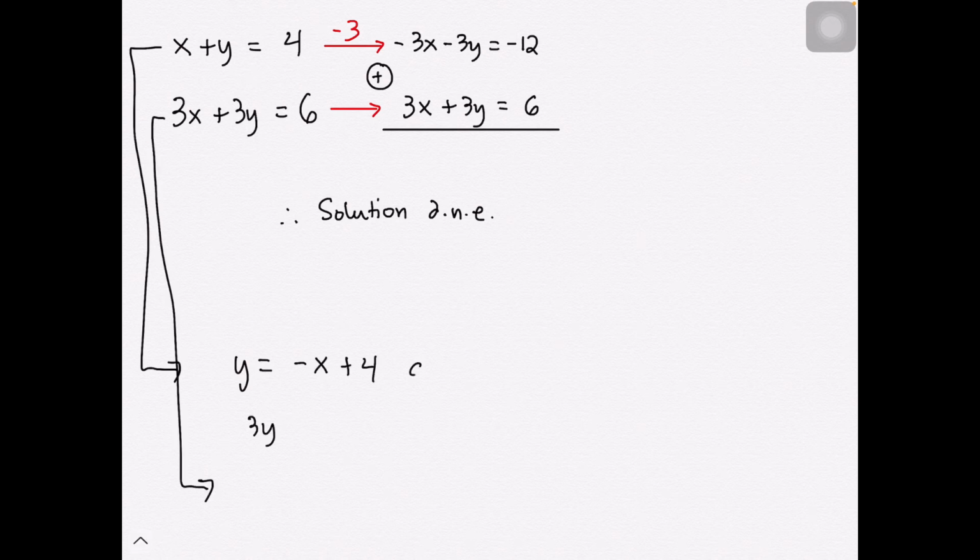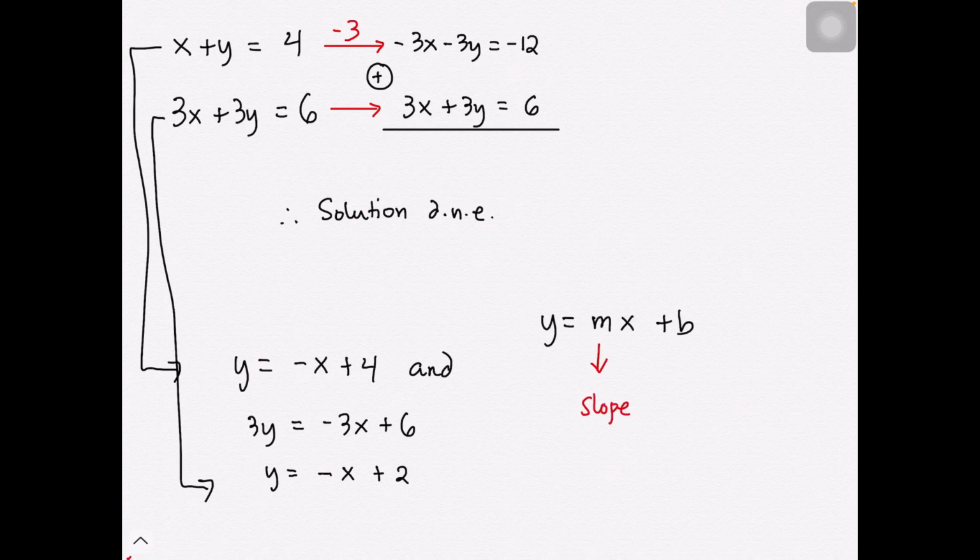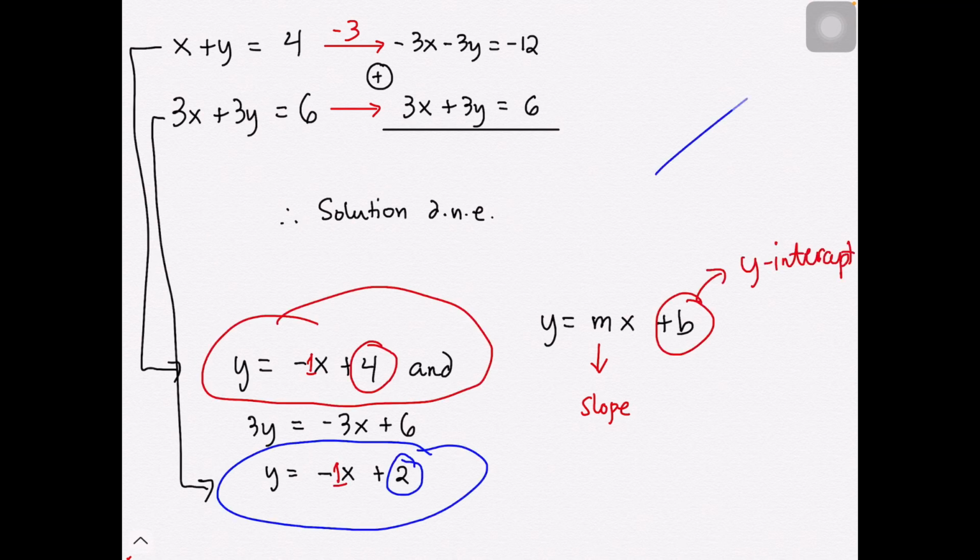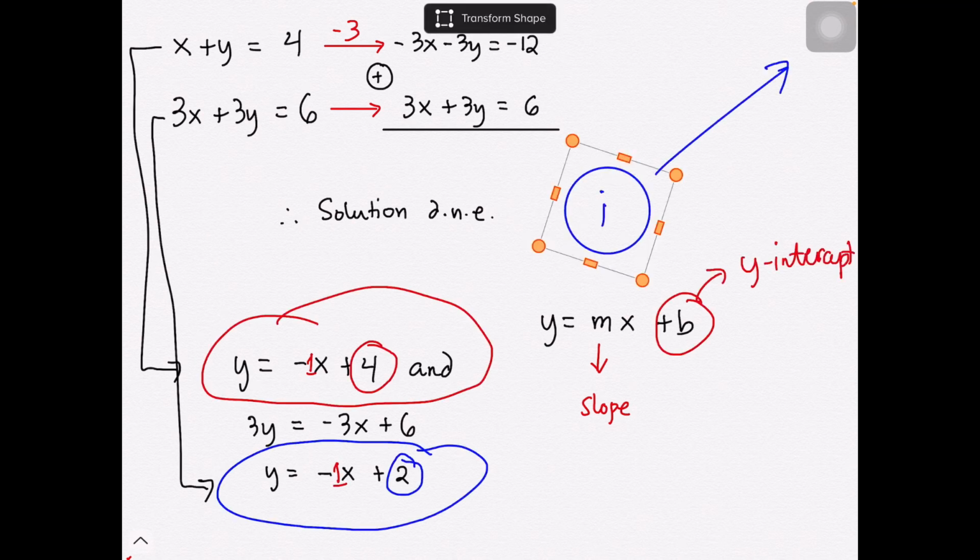So converting these equations into slope-intercept form, we can now see that the slope here would be the same, and that would be the slope is equal to -1. If you want to review about slope-intercept form, just have the suggested video.